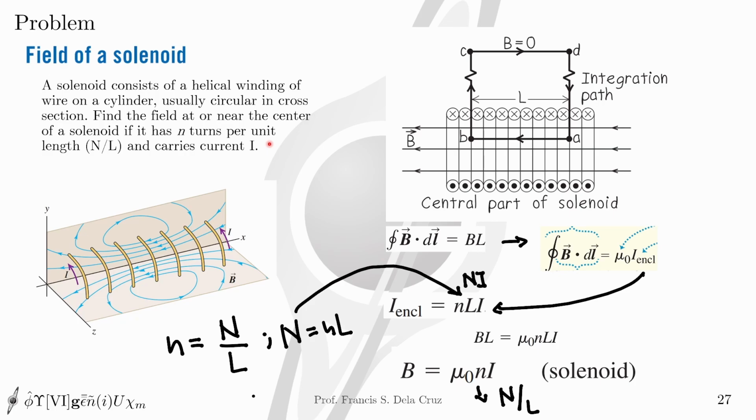We can take advantage of Ampere's law if we can see that the integration paths are simpler to solve, like a circle or a square or a rectangle. But if the geometry of the problem is a little bit complicated, that's the time that you're going to use our complicated integration process. Okay, so I think that's it for the field of a solenoid.